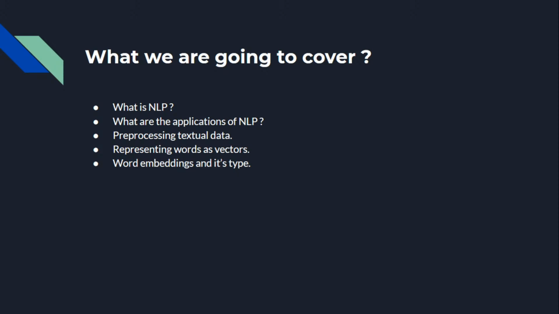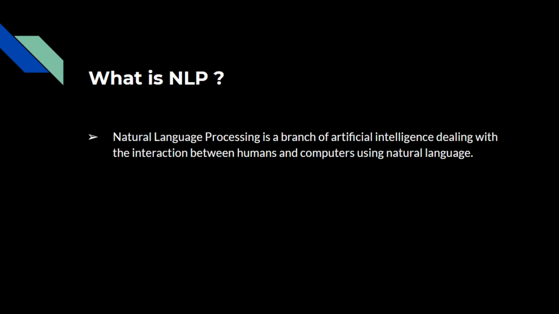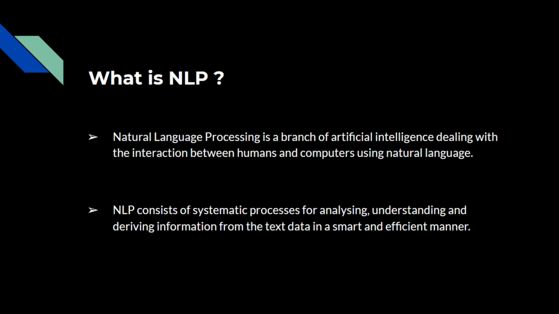Now let's see what is NLP. What is natural language processing? What do we mean by NLP? So natural language processing is a branch of artificial intelligence dealing with the interaction between humans and computers.